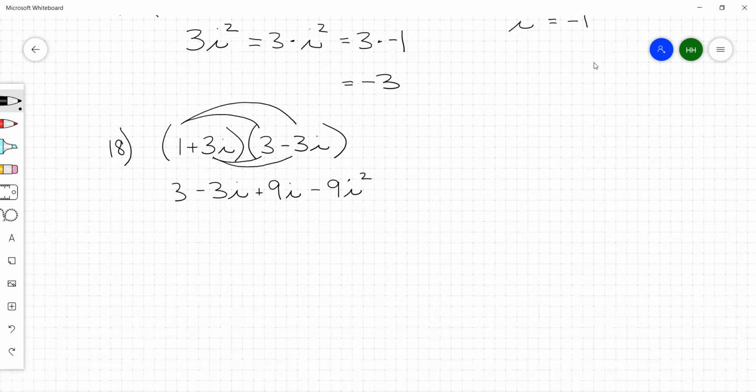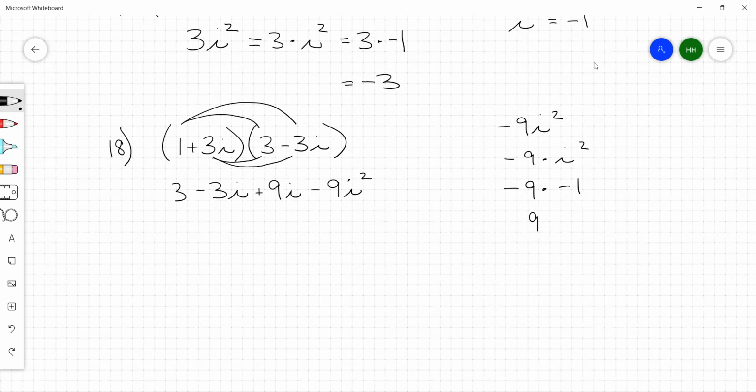So this negative 9i squared is the same as negative 9 times i squared, which is the same as negative 9 times negative 1, which is positive 9.